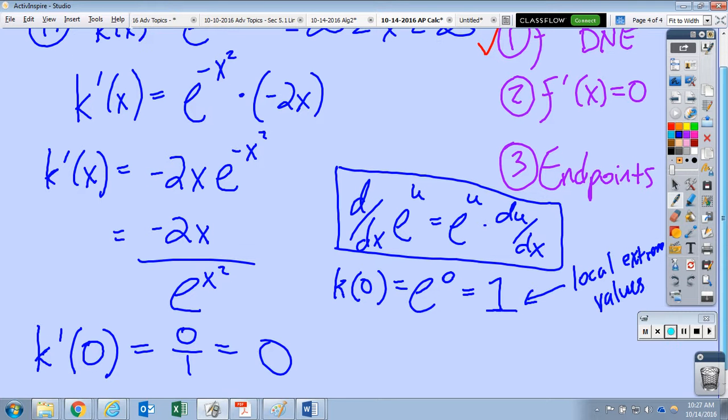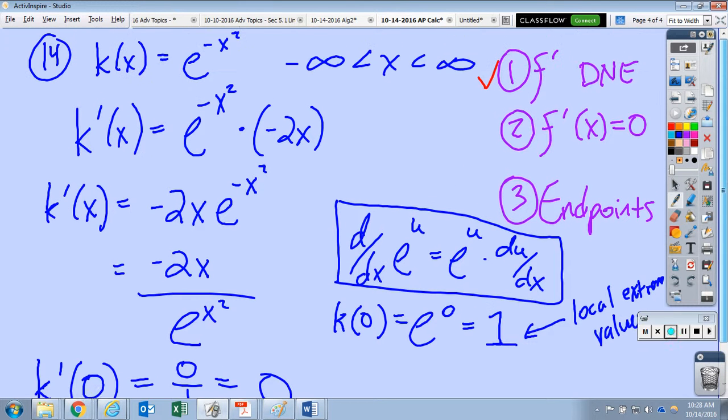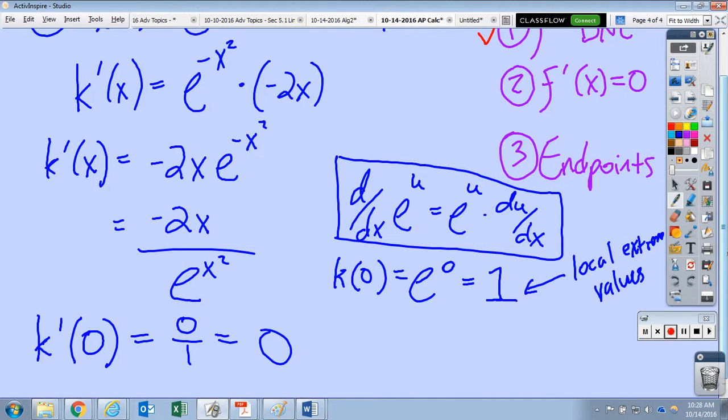We found where k prime equals 0, and that value is the original function's value. Is that the only place where k prime of x can equal 0? The answer is yes.